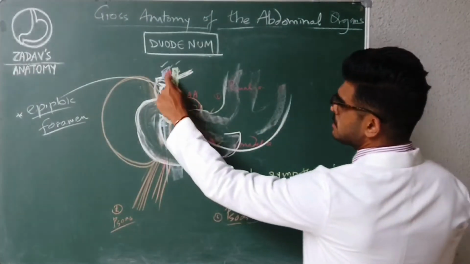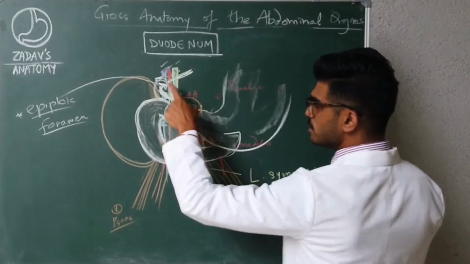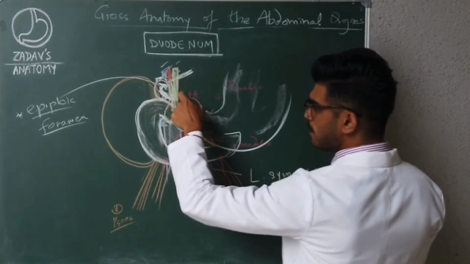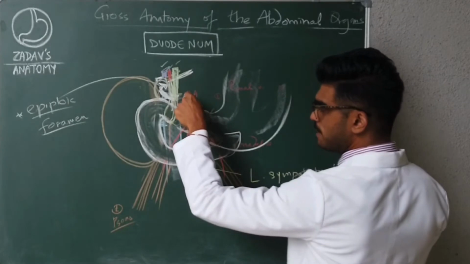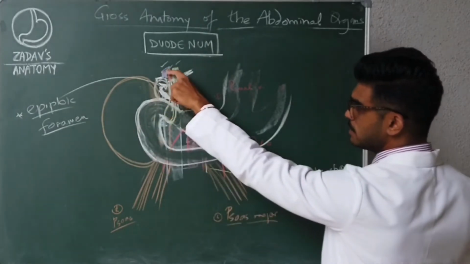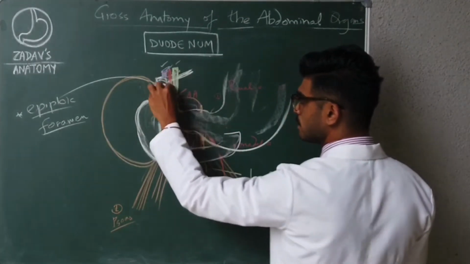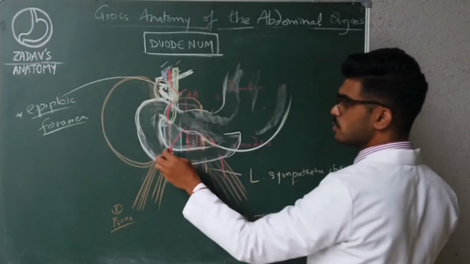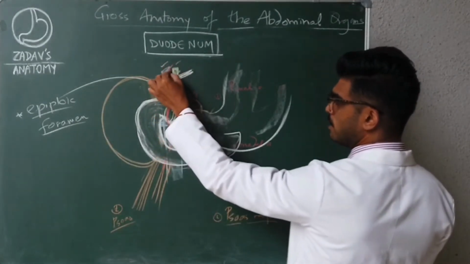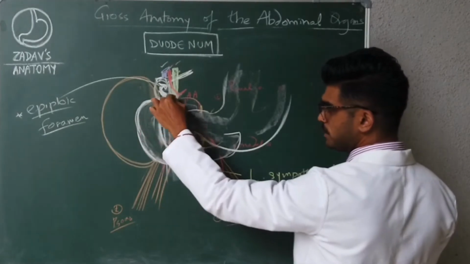Now, when you trace these three structures downwards, slight changes have occurred. The hepatic artery arises from the common hepatic artery, and what comes below from there is the gastroduodenal artery. So you've got the hepatic artery here, the common hepatic here, and the gastroduodenal artery here.